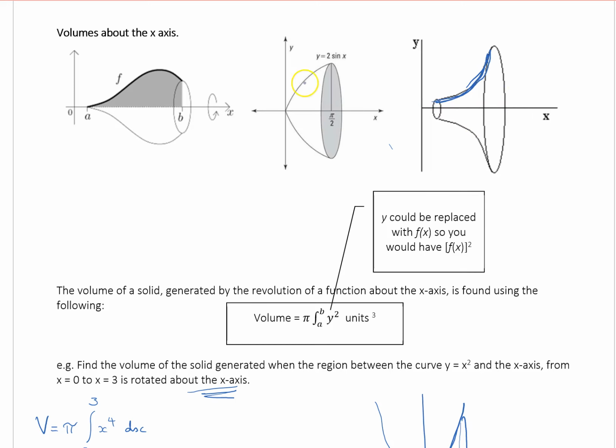Here we can clearly see that we're being told that this is a trig function, called 2 sine x. Now we know that sine of x goes up and down and up and down, and 2 sine x just means a little bit steeper or taller, and it's being rotated around the x-axis.